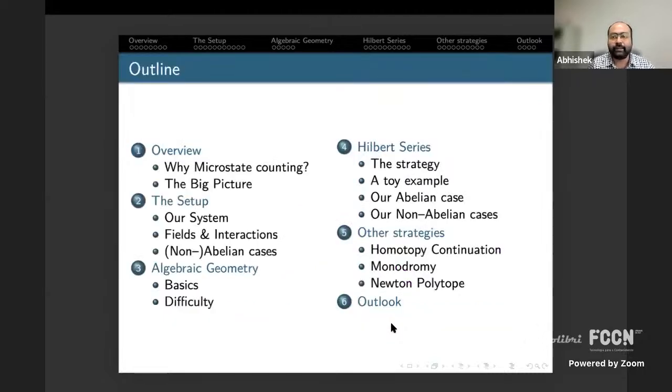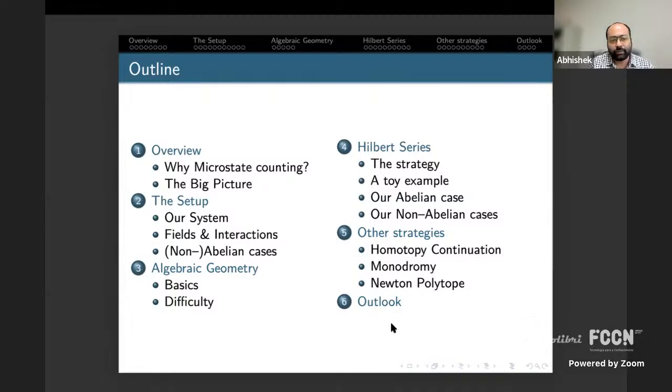So before I begin, let me start with the outline of what I'm planning to cover. I will give a brief big picture of why this microstate counting business is important for black holes, and also in the context of string theory.